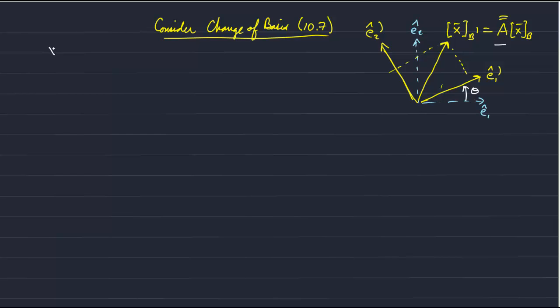So again, vector x can be described in the first basis, and I'll see if I can remember to use the blue color for the first basis, as equal to x1 e1 plus x2 e2. This is a linear combination of the base vectors in basis 1.